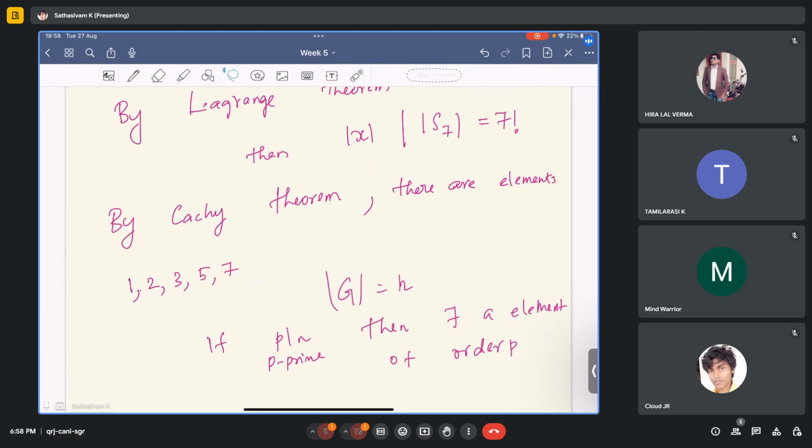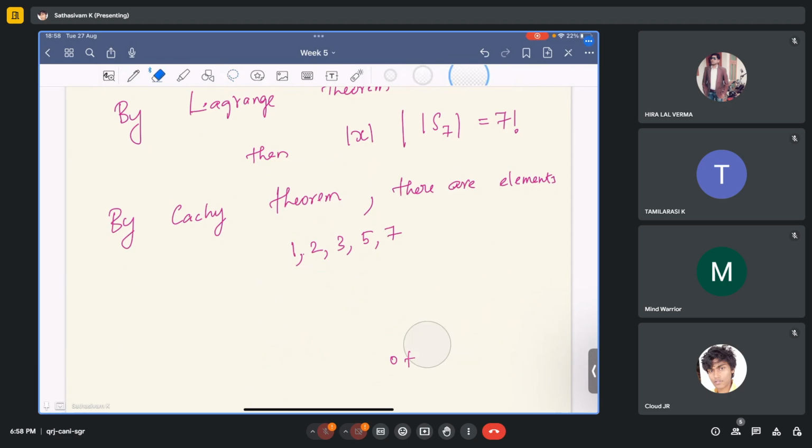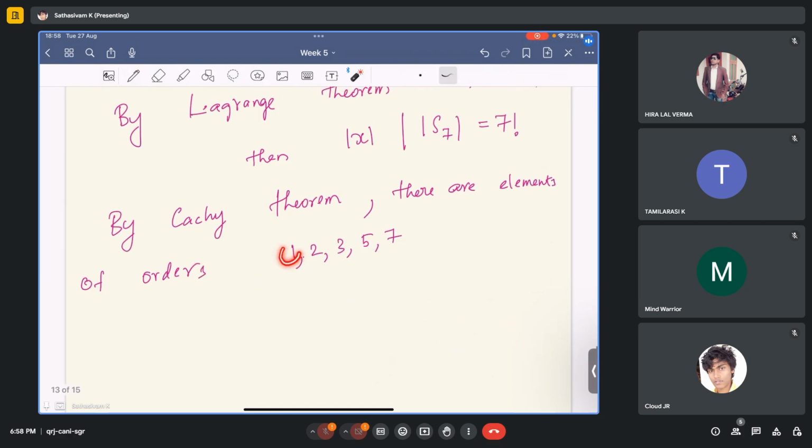Okay, maybe I have to move it here, and maybe just erase this. So this one is just the identity, which has order 1, and the rest of the things come from the Cauchy theorem.